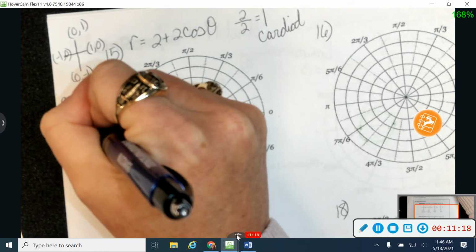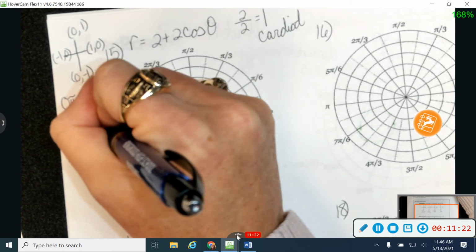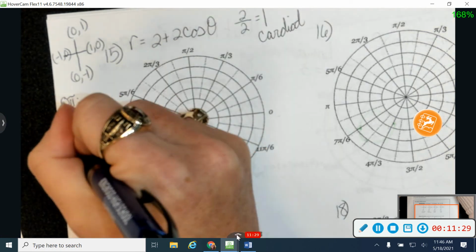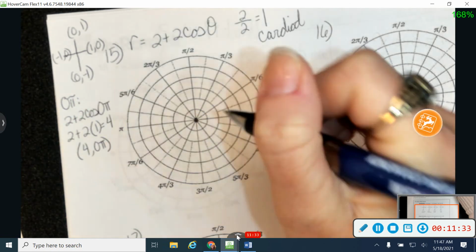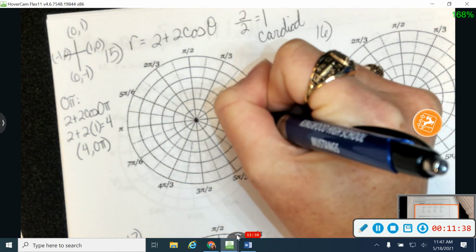Good. What does 2 plus 2 times 1 give me? 4. Good. So I'm going to graph this point as 4, 0 pi, and that's going to give me how long my cardioid is.